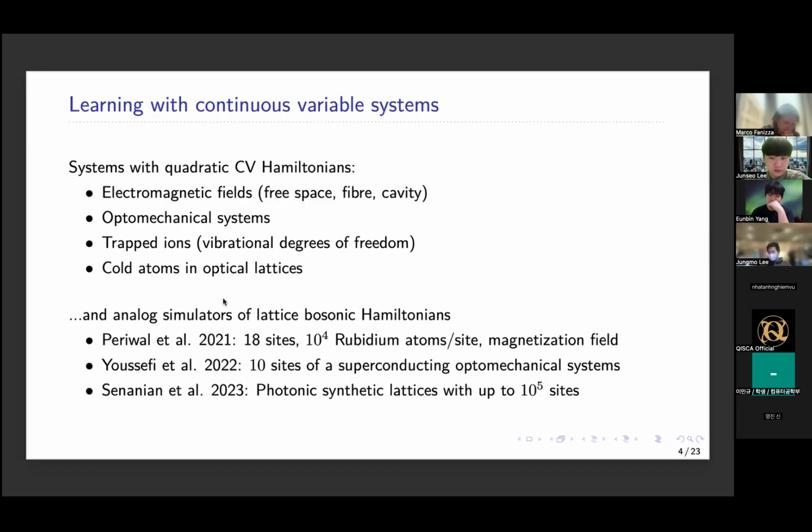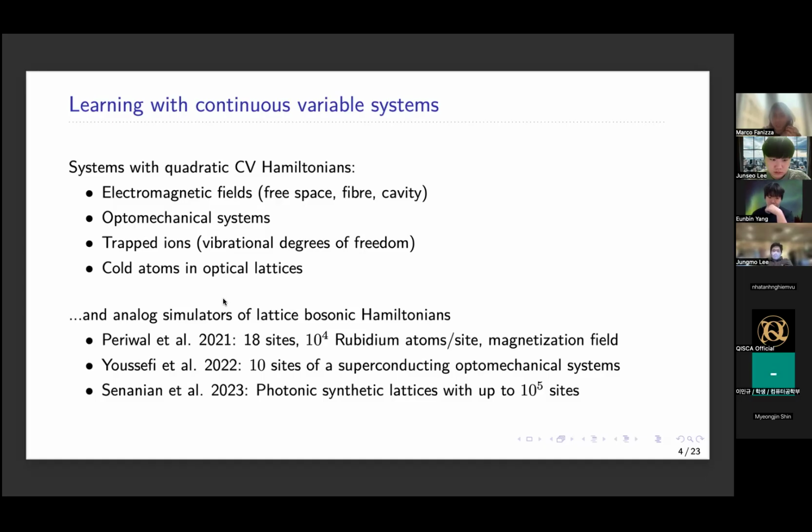Also, there are today analog simulators of lattice bosonic Hamiltonians where one can engineer these interesting local Hamiltonians with different kinds of geometries.